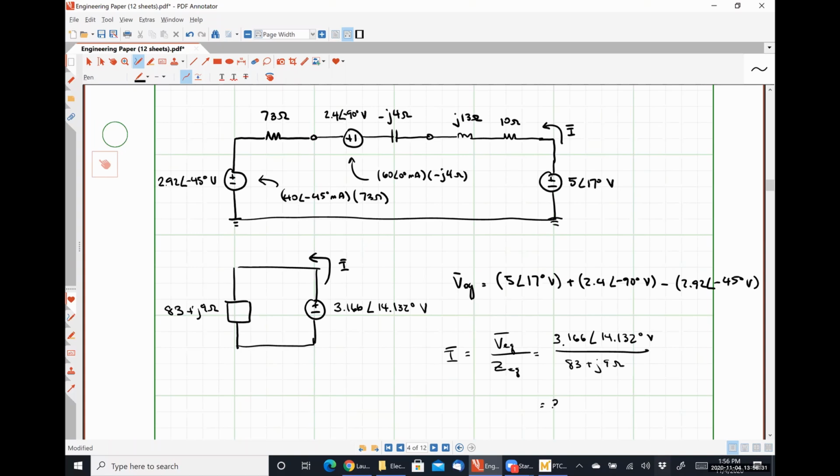Which I get to be 37.924 with an angle of 7.944 milliamps, or in rectangular form, 37.560 plus j5.241 milliamps.